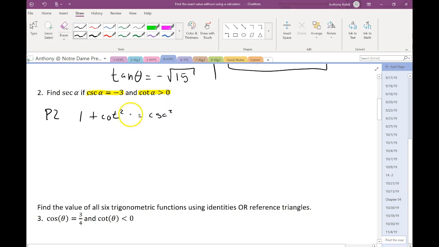Oops. I guess in this problem the variables were alphas. So I'm going to substitute in the value for cosecant.